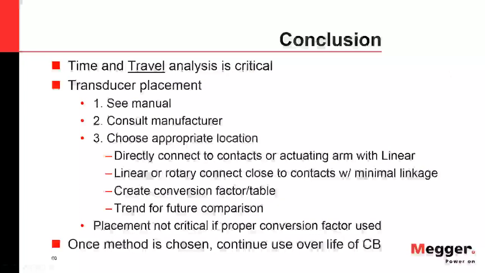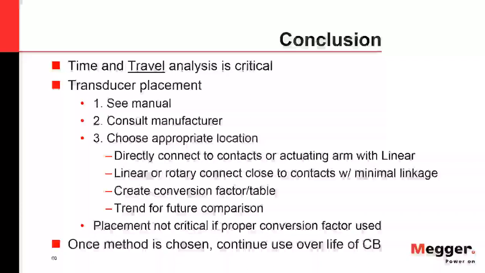And lastly, if not, choose an appropriate location on your own: directly connect to the contacts or actuating arm if you can with the linear, so you have a 1-to-1 ratio, or use a linear or rotary to connect as close to the contact as you can with the least amount of linkage, and then create a conversion factor or table and trend it for future comparison.